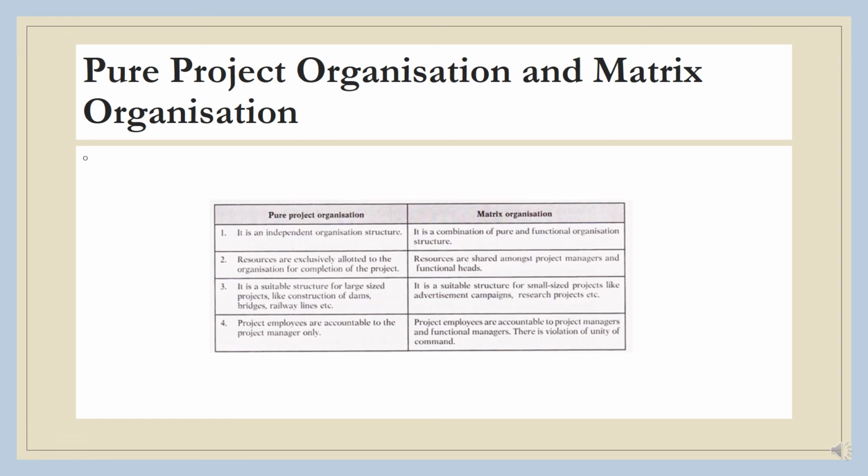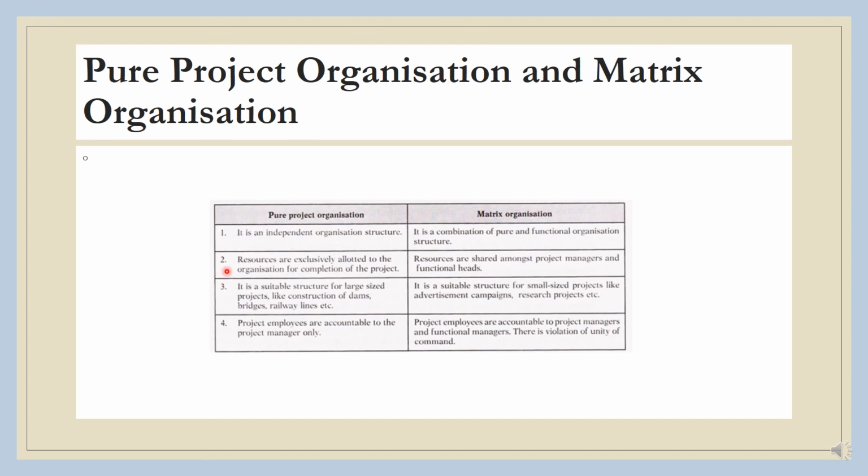Now, the difference between pure project organization and matrix organization. Pure project organization is an independent organizational structure, whereas matrix organization is a combination of pure and functional organizational structure.